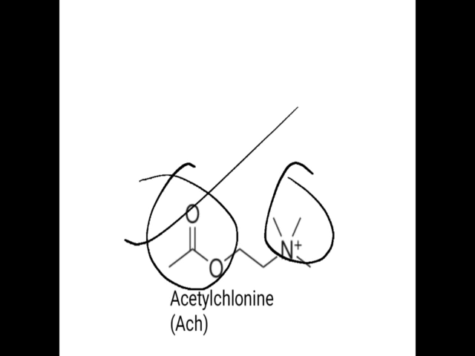This esterase enzyme causes hydrolysis of the ester part of acetylcholine, converting it into acid and alcohol, and hence the duration of activity decreases. As it does not cross the blood-brain barrier, we cannot give the drug in the form of acetylcholine.